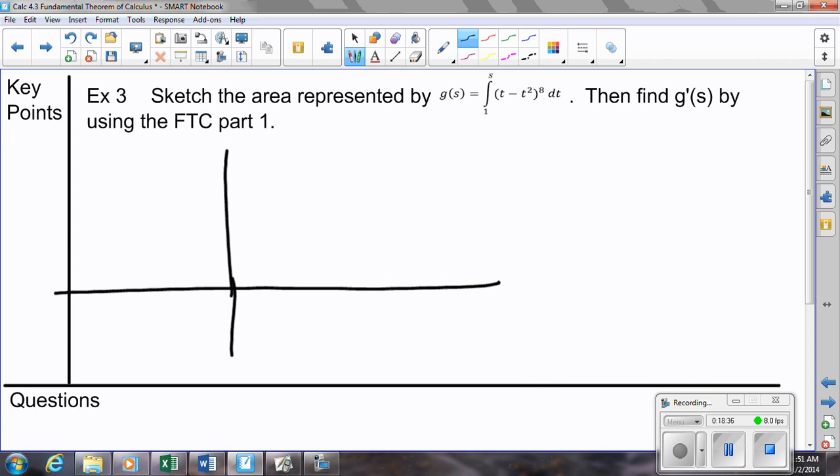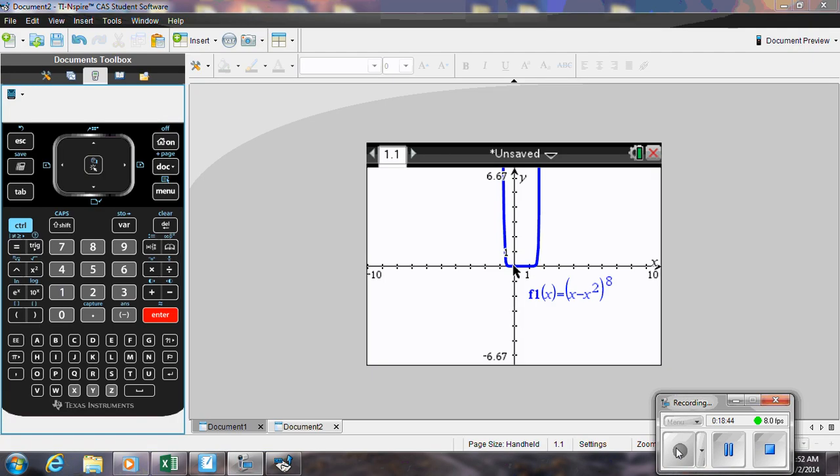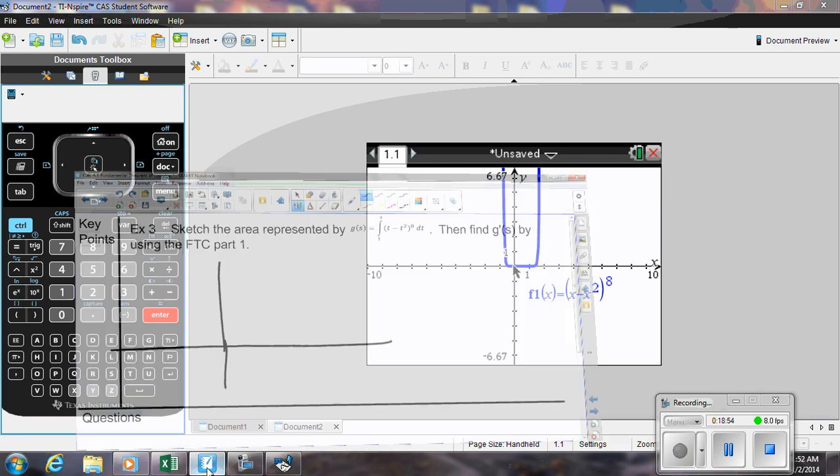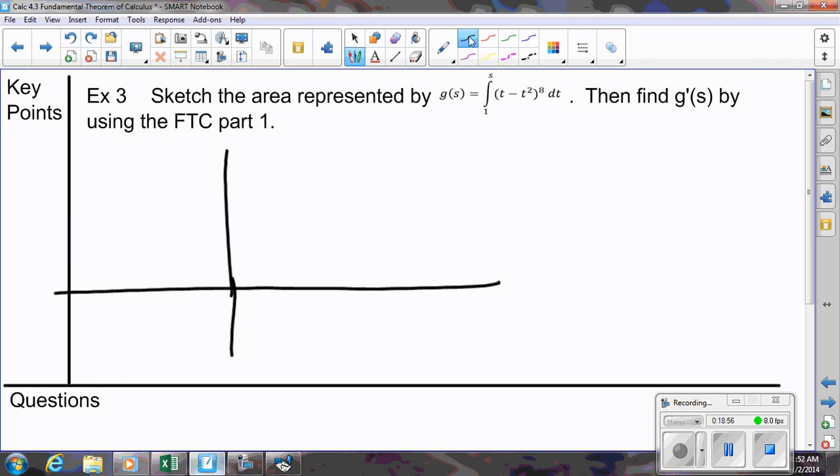But ultimately, in an effort of saving time today, let's just type in t minus t squared all to the 8th into our calculator, which we're noting then here is a quick sketch. So when we're looking at it, it looks like it's incredibly, incredibly flat, but coming back to our piece, we wind up with, here is a rough sketch of what it looks like. We'd have 1, -1.